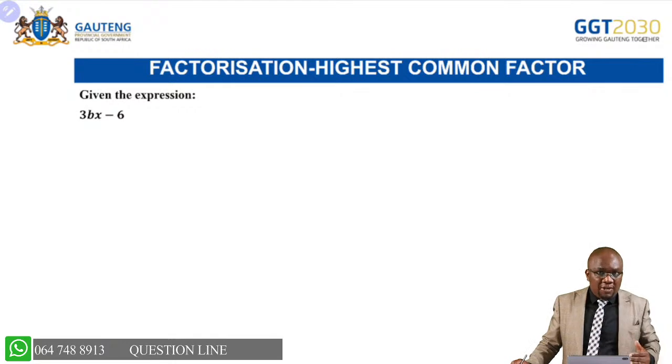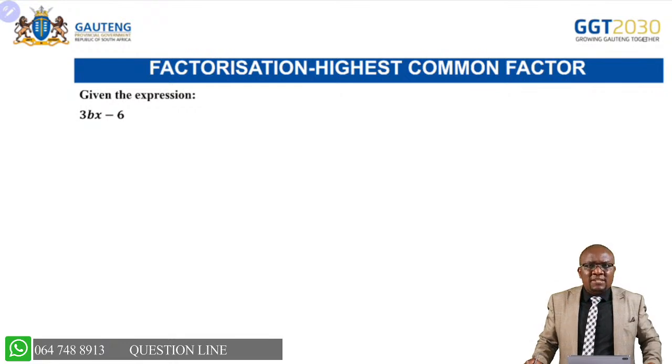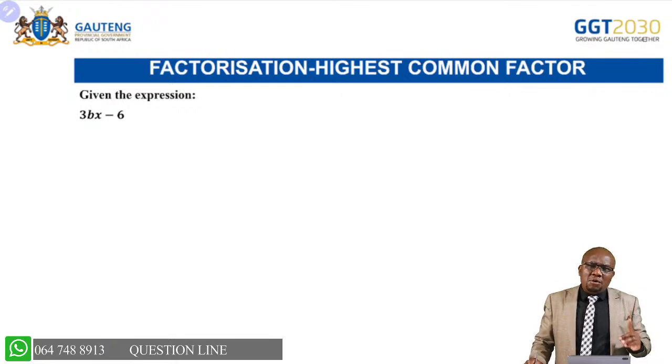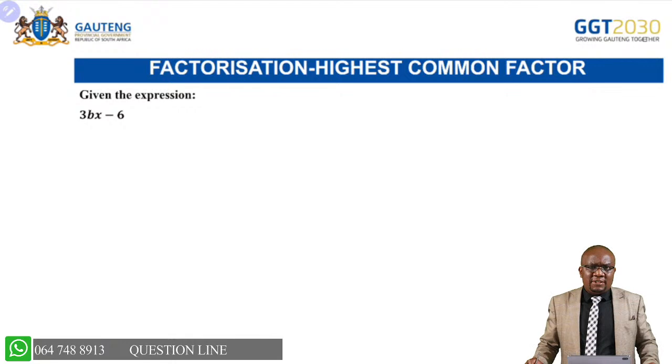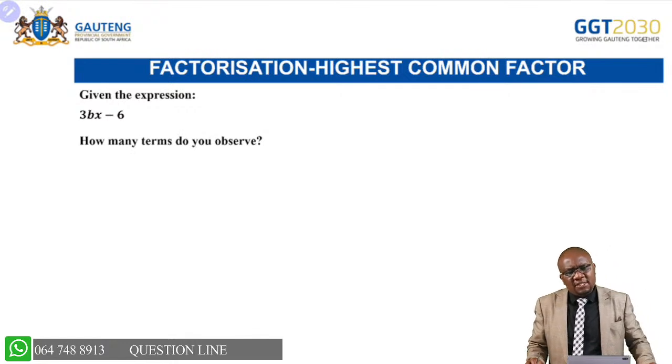Do you remember how we factorize using the highest common factor? Okay, let's try to do it together. Given the expression 3bx minus 6, the most important thing, very, very important, is to identify the terms. Right, let's answer this question. How many terms do you see here?